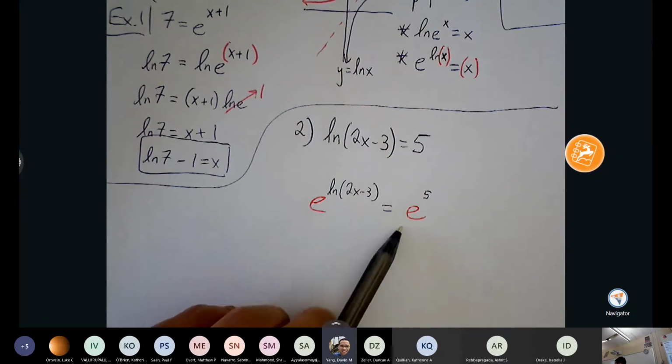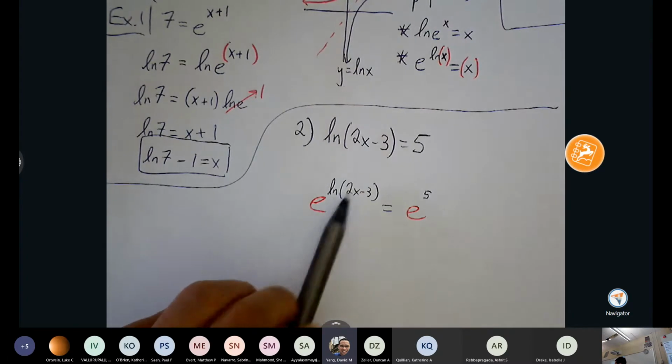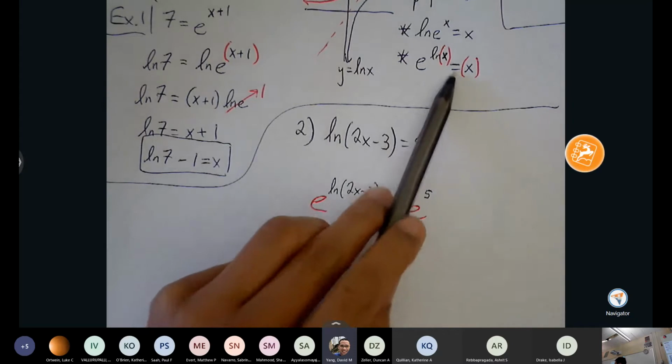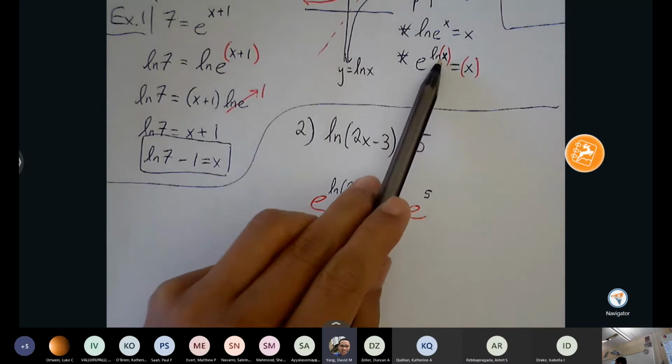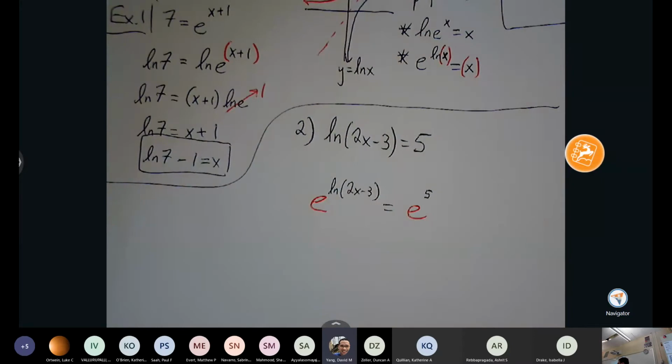Whatever I'm doing to one side, I'm also doing to the other. And the e to the natural log, we can just make it go away, and the only thing that's left over is what's inside the parentheses. Same thing here, e to the ln of x: I think of that x as anything inside the parentheses, and that's the only thing that's going to remain.